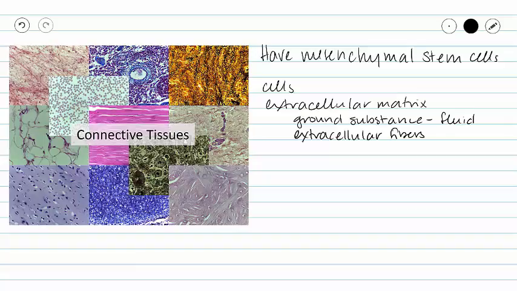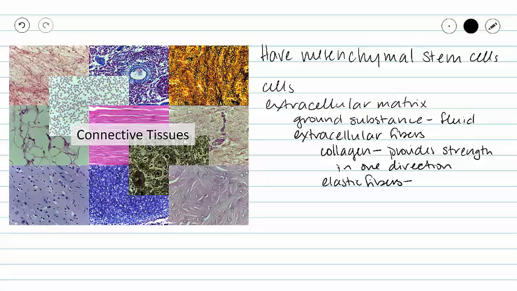We have three types of extracellular fibers. Our most abundant extracellular fiber type is collagen, and collagen is going to provide strength in the orientation of that collagen fiber, and collagen normally stains pink. Next, we have elastic fibers, which provide stretch and recoil to the tissue.